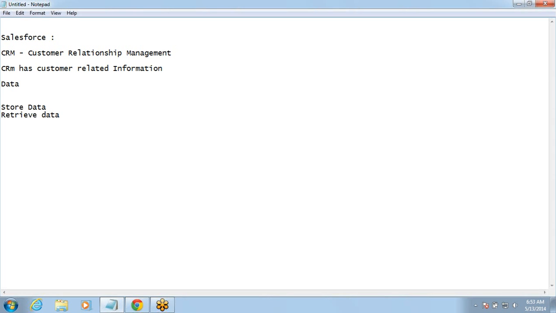You need to retrieve it very quickly and then reply back to the customer about his queries. You cannot say, okay, fine, I need 3 days to answer this question. I need to retrieve data from my hard disk and I need some time. That will again not help you maintain a good relationship with customers. So you need to retrieve the data really quick, right? Quick retrieval of the data is required.